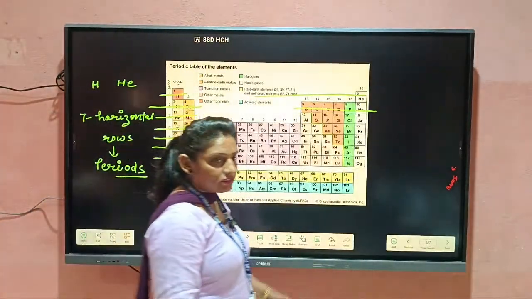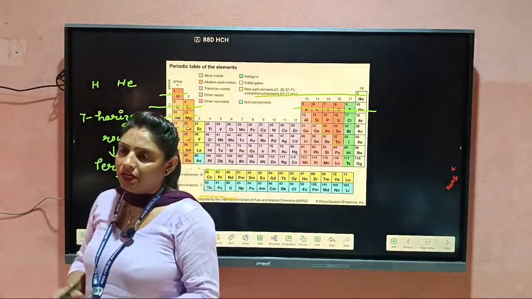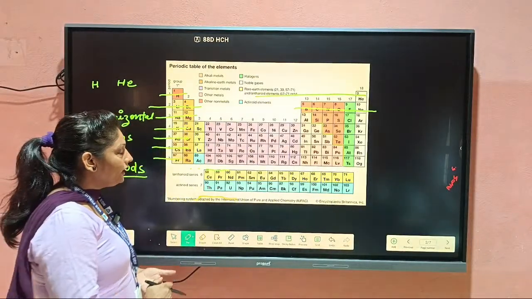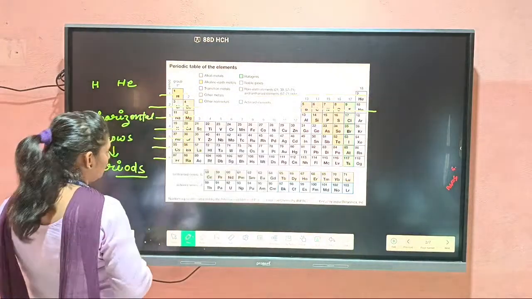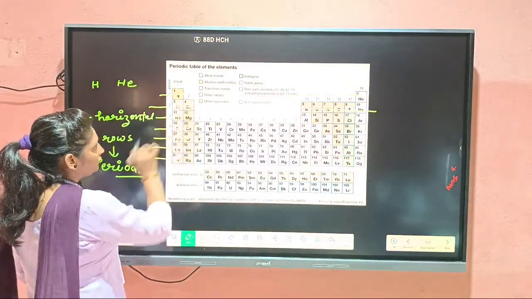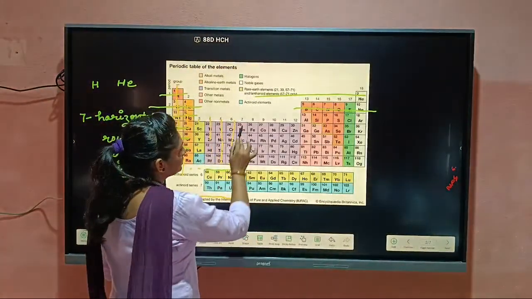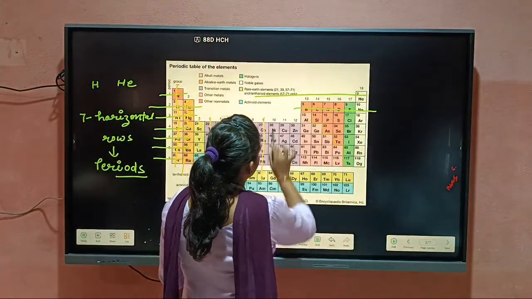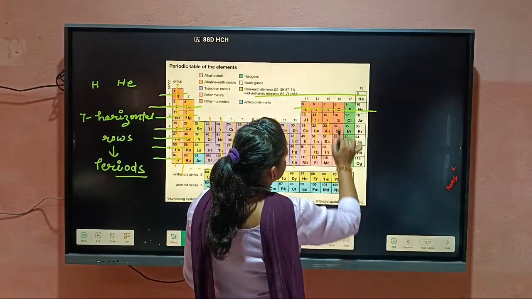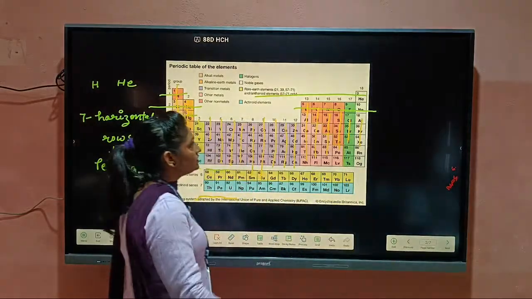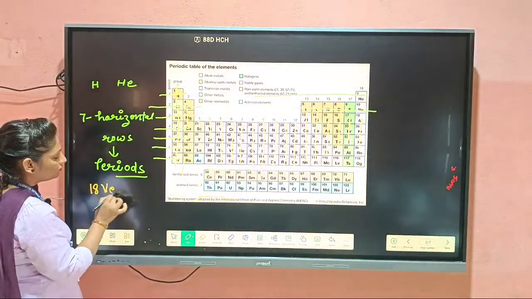We have already studied that there are also 7 periods in the Mendeleev periodic table. There are 18 vertical columns, like 1, 2, 3, 4, 5, 6, 7, 8, 9, 10, 11, 12, 13, 14, 15, 16, 17, 18.